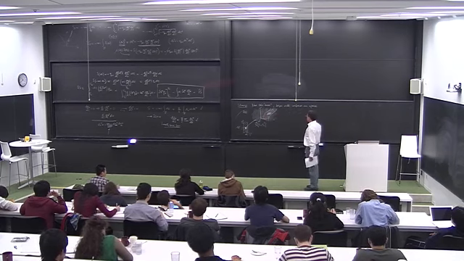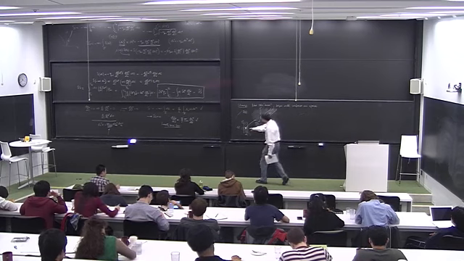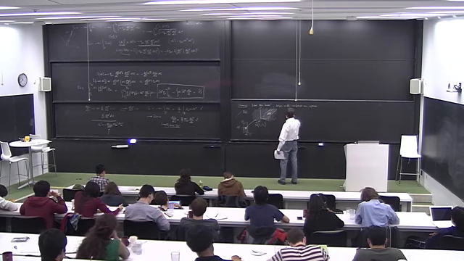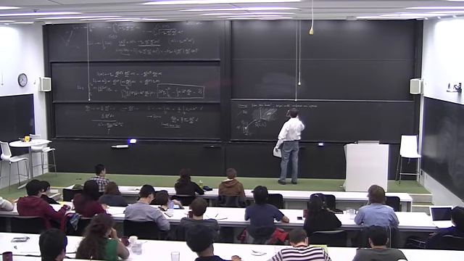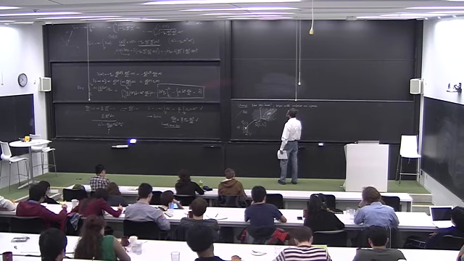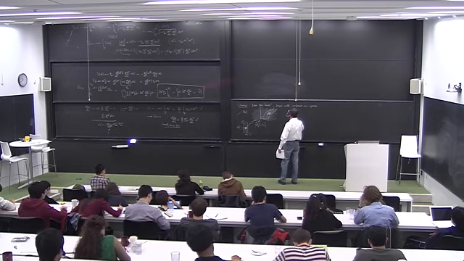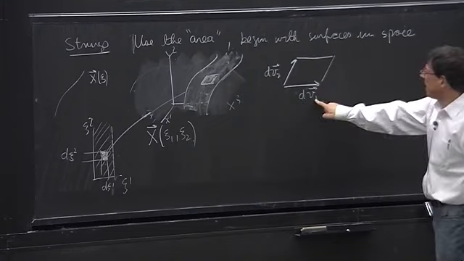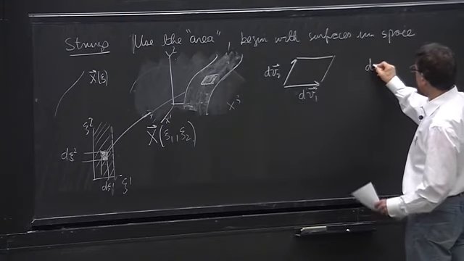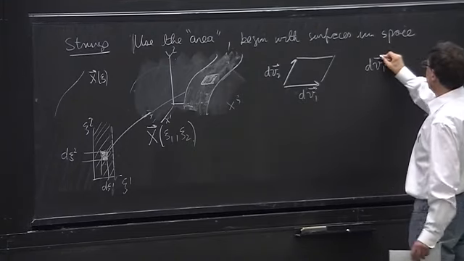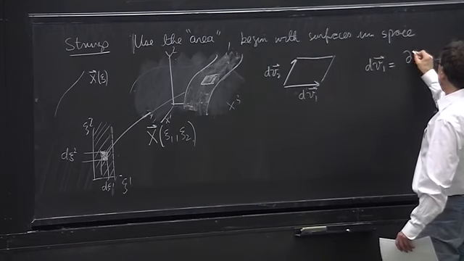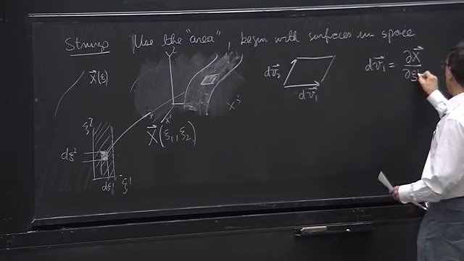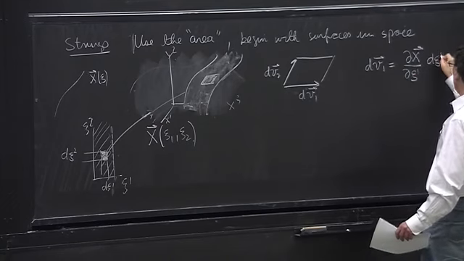So how do we do that? We imagine this is the little parallelogram. This I'll call dv1, the vector v1. This is the vector v2. So the vector dv1 is the x vector derivative with respect to psi 1 times d psi 1.